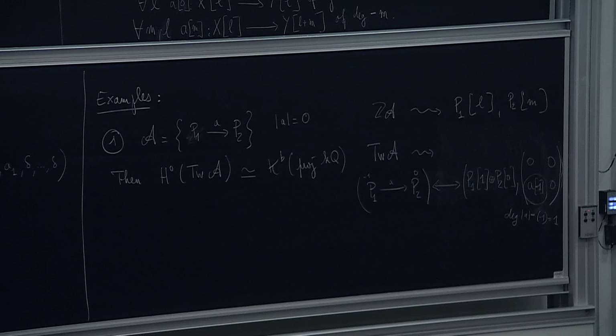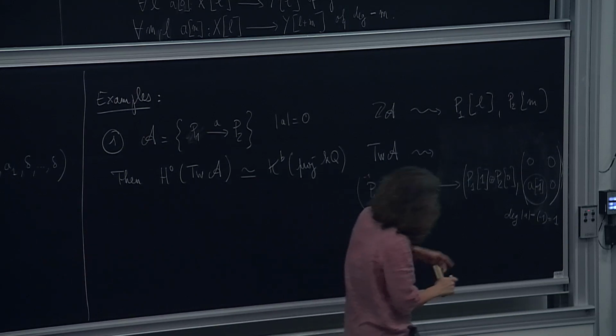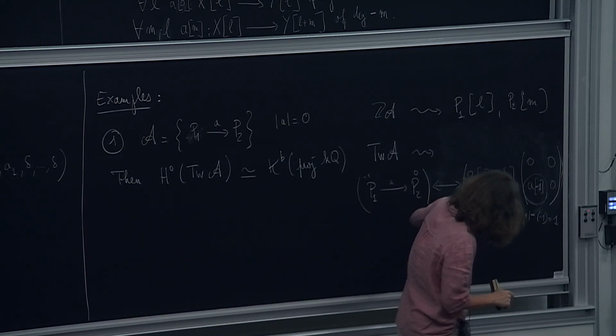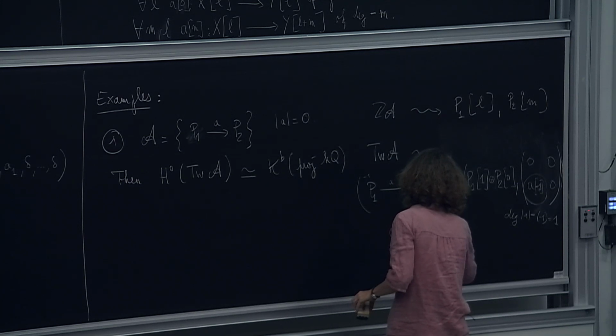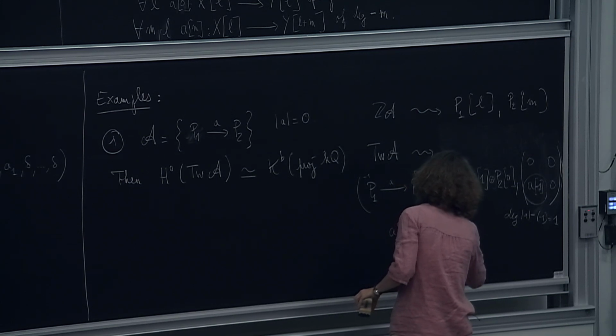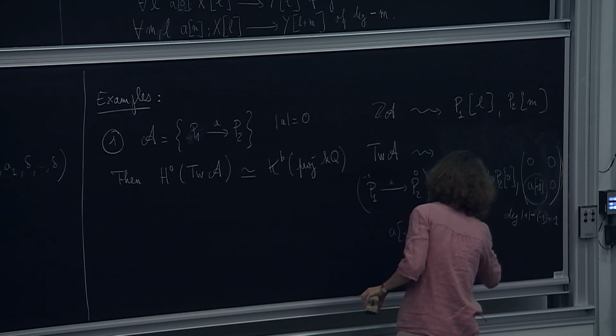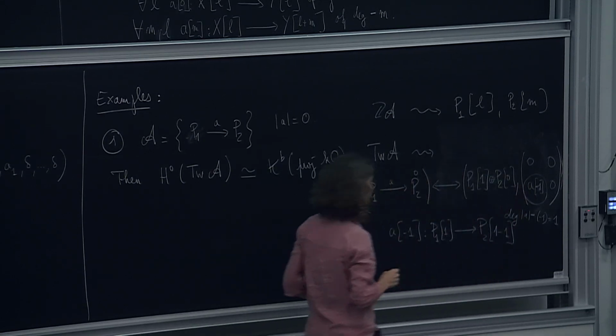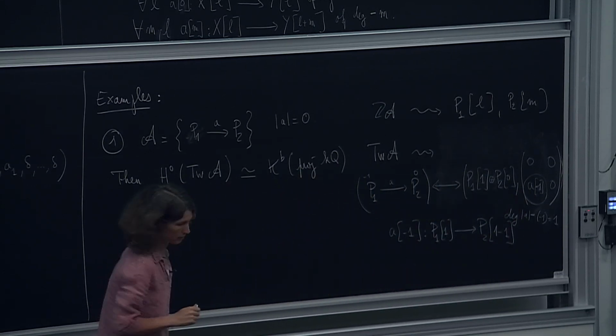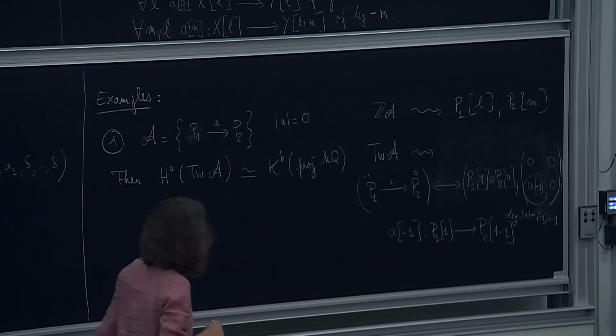So really A shifted by -1 goes to P1 shifted by 1 into P2 shifted by 1 minus 1, which is 0. This is what you have typically.